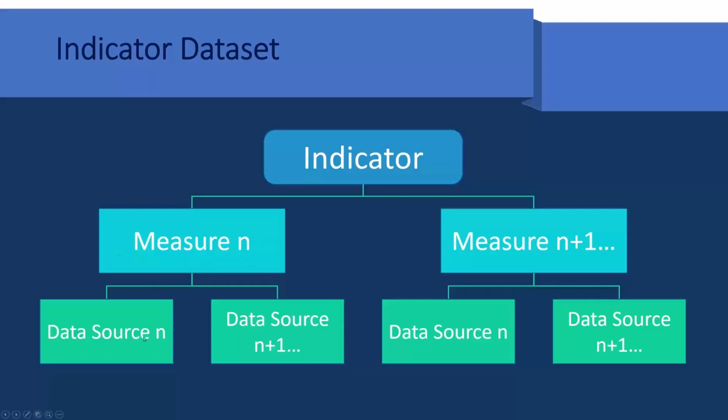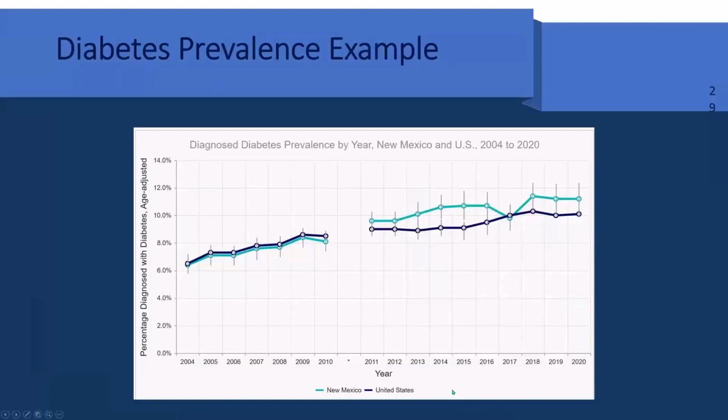For age adjusted, we can have a New Mexico data source and a US data source, and the same for crude. So for a concrete example, if we look at diabetes prevalence, the trend data view, assume I'm setting up this indicator and I'm thinking about what data sets I'm going to need.